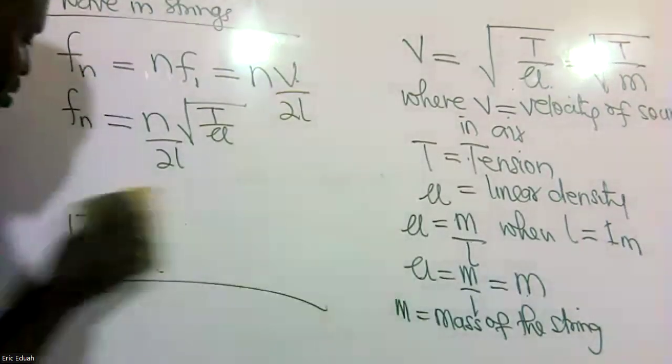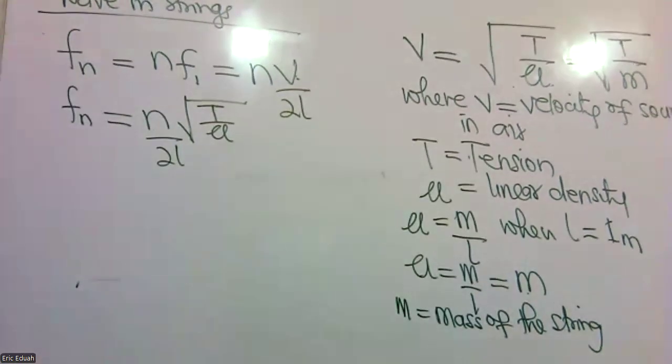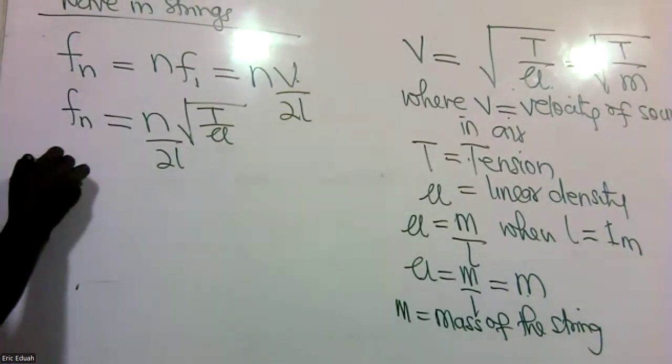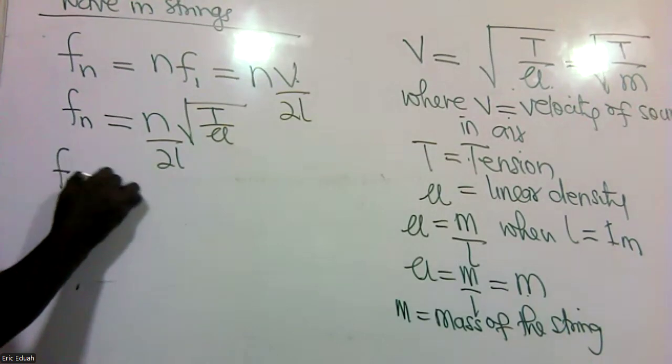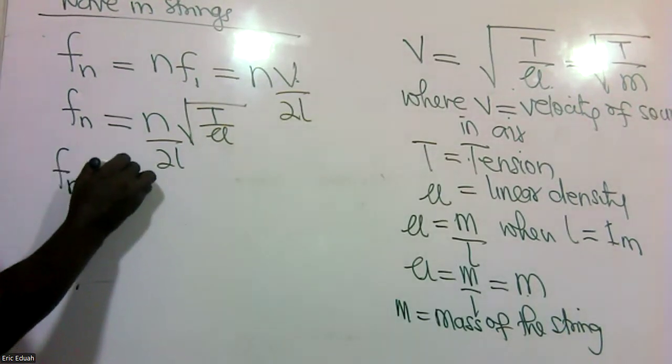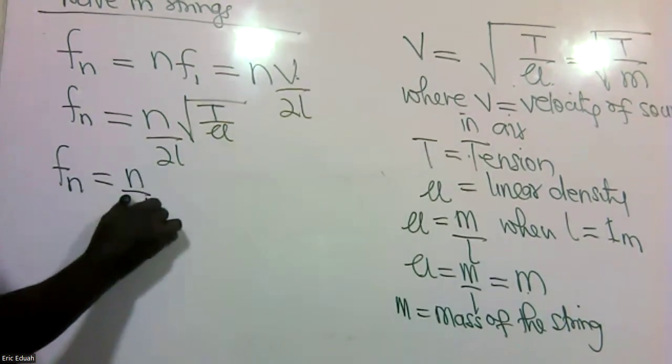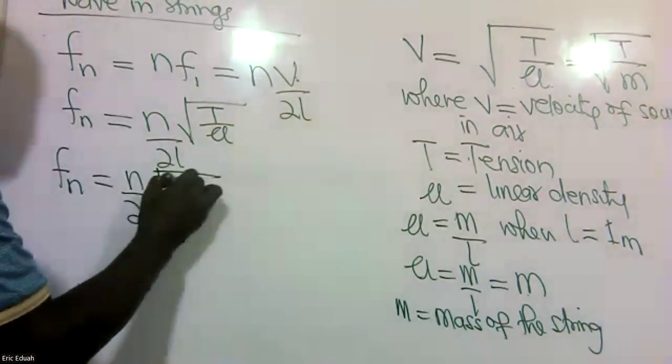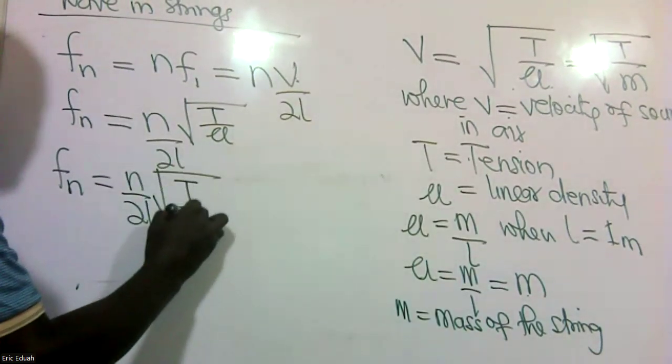So we can say that the n-th frequency Fn can also be n over 2L times square root of T over mu.